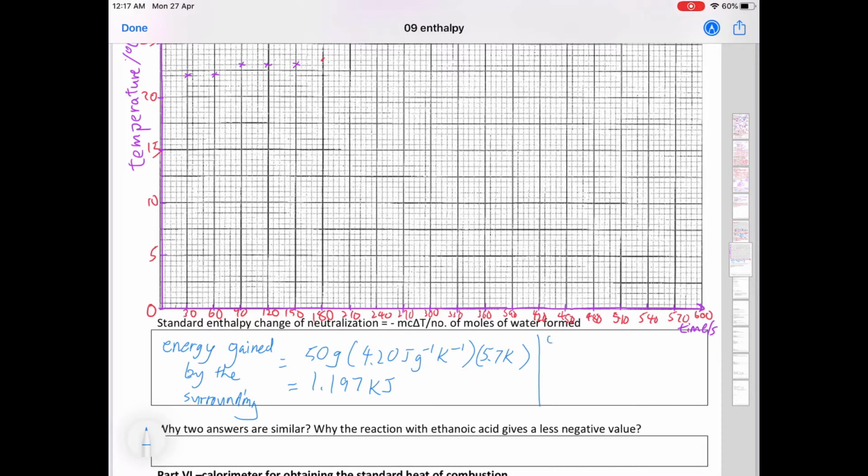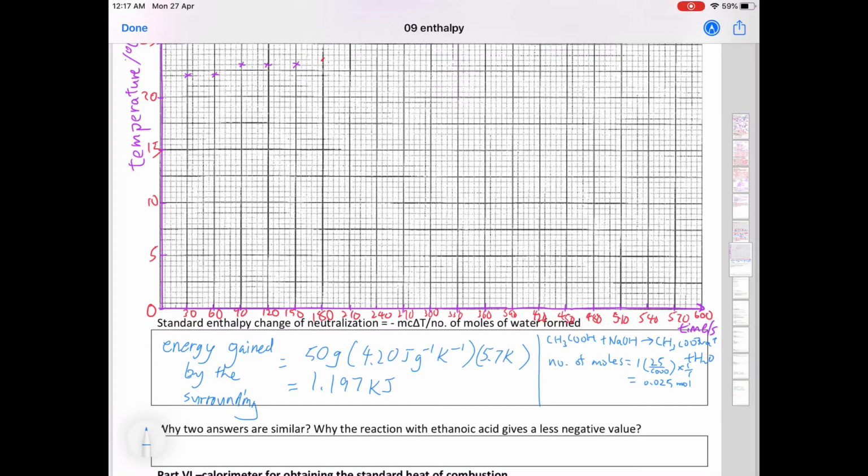Okay, and then for the reaction between CH3COOH, the ethanoic acid, and NaOH, again the equation is a 1:1 ratio equation. So the number of moles of water equals mv times 1, that is the mole ratio. m is 25 divided by 1000, and mole ratio 1:1, and finally again 0.025 mole.